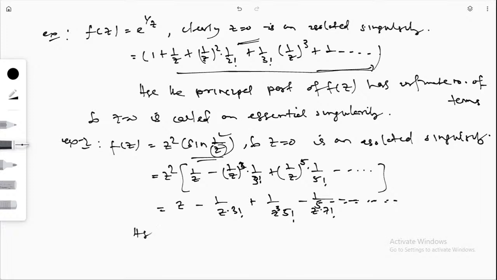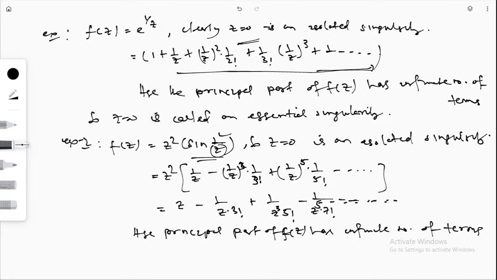So here the principal part of f(z) has an infinite number of terms. So z equal to 0, which is your isolated singularity, is classified as an essential singularity.